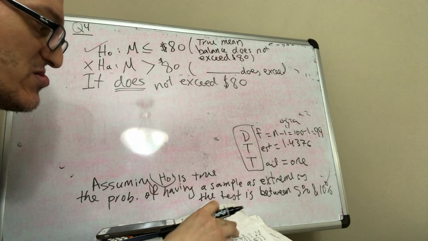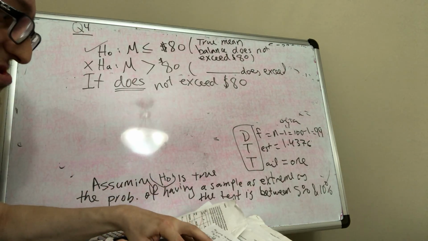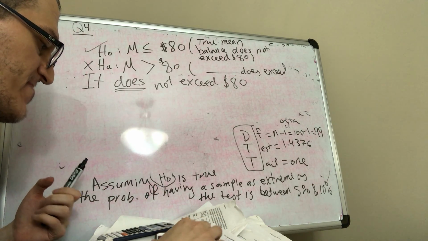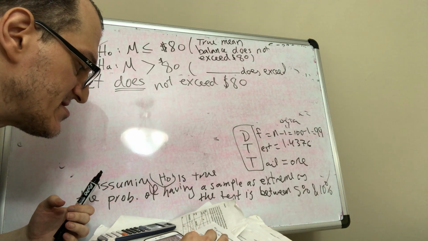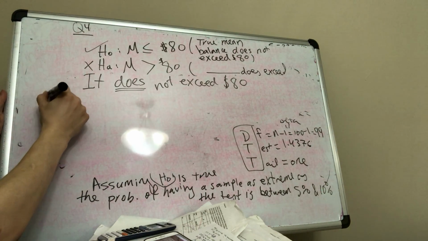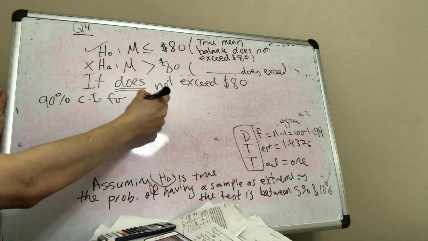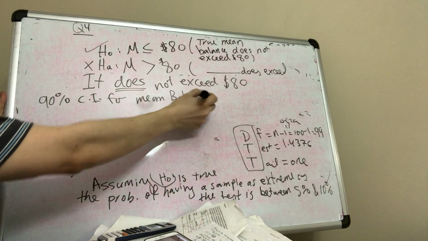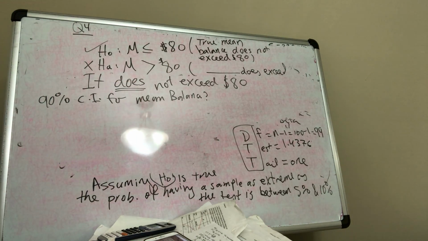Now, I want to do the same question as a confidence interval and see if we can prove the same thing. So again, the alpha given is 5%. Let's say they ask for a 90% confidence interval for the mean balance, and whether the confidence interval also shows that it doesn't exceed 80.